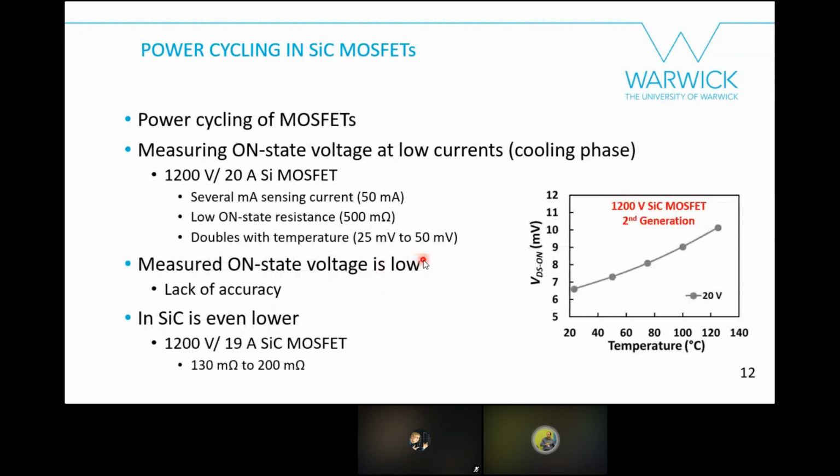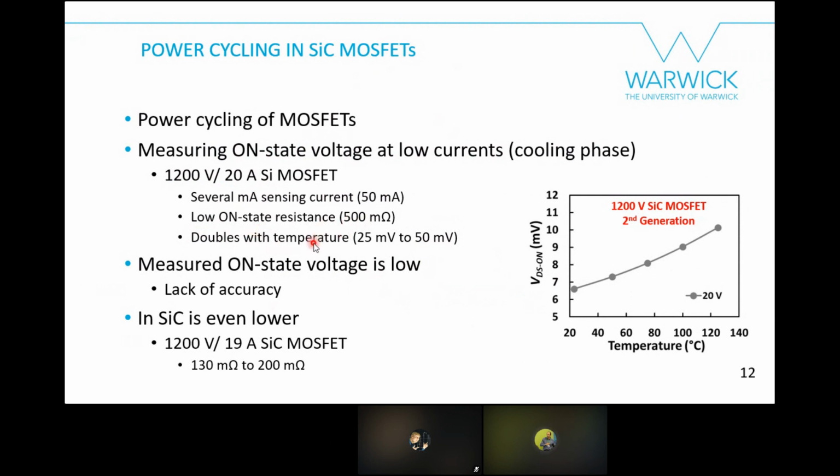So before going into silicon carbide MOSFETs, let's analyze a bit what happens with silicon MOSFETs. So I mentioned that you can measure the on-state voltage at low currents, so during the cooling phase. But in silicon MOSFETs, let's analyze a 1200 volts, 20 amp silicon MOSFET, and consider that you have a several milliamp sensing current, let's say 50 milliamps, a low on-state resistance in the range of 500 milliohms.